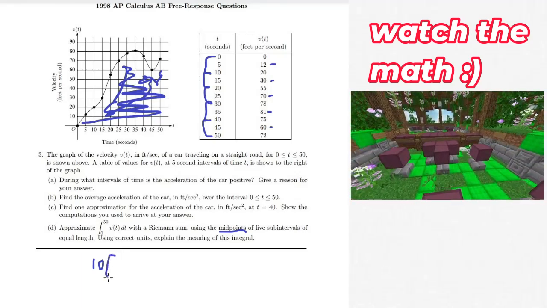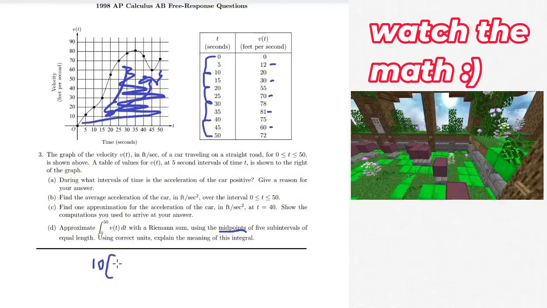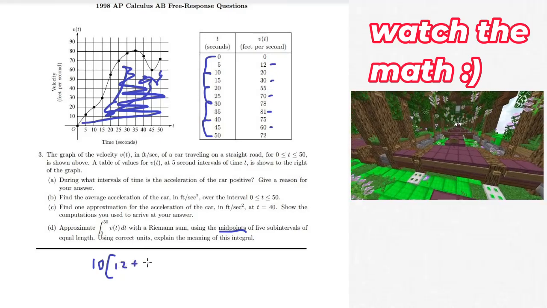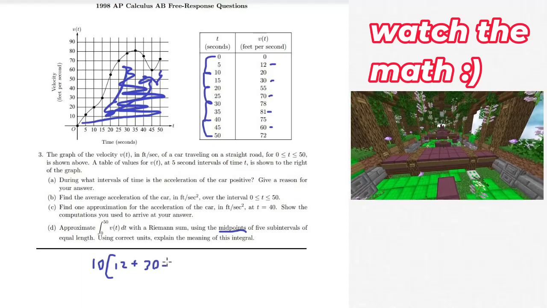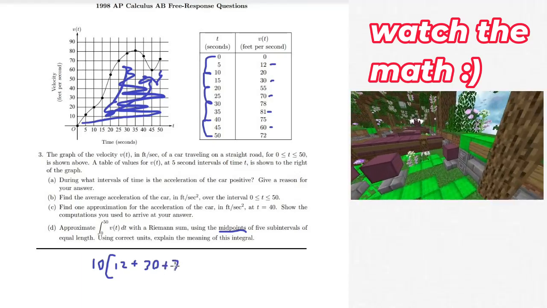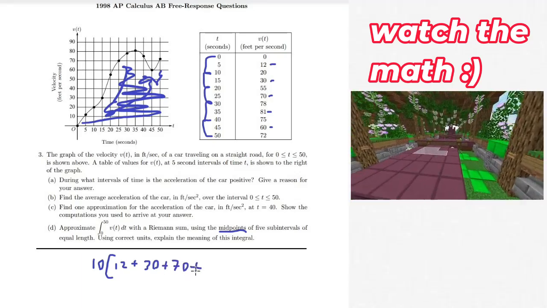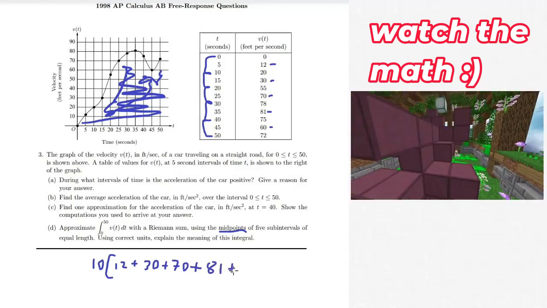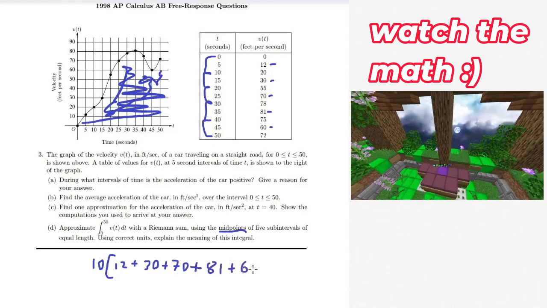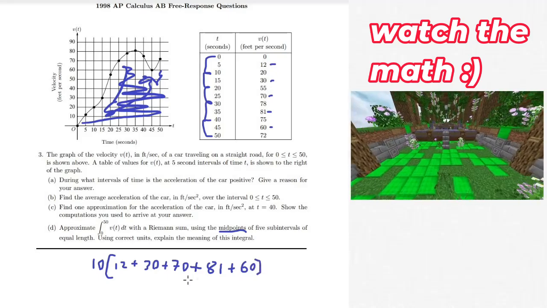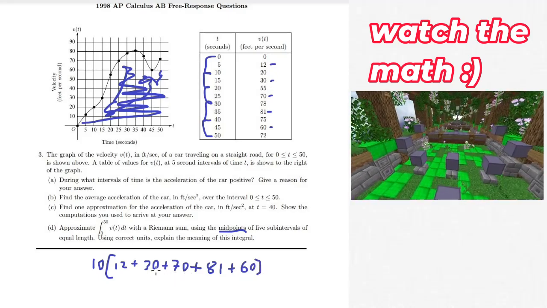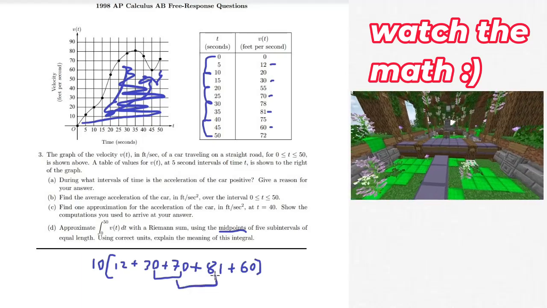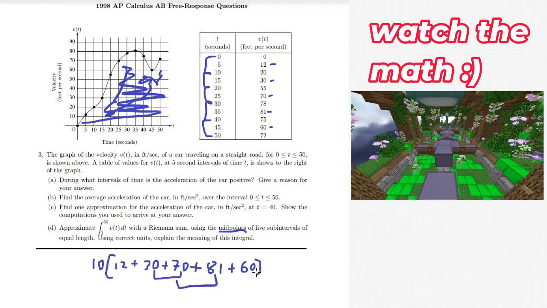So we have 10, and we factor that out, and we have 12 plus 30 plus 70 plus 81 plus 60. Okay, so this is 100 here. You have 181 like that.